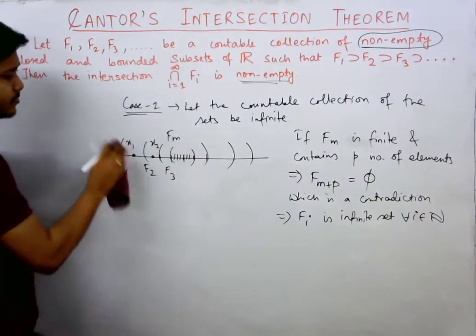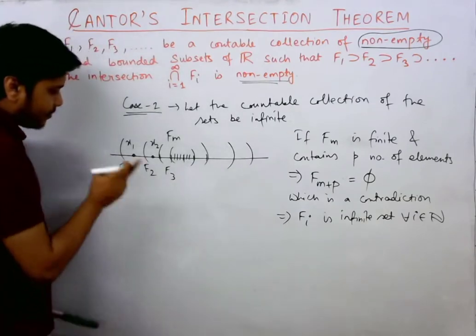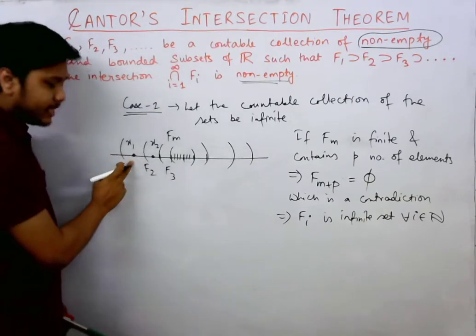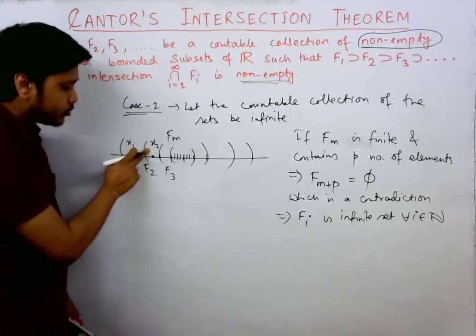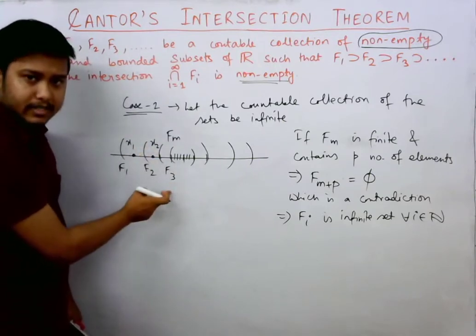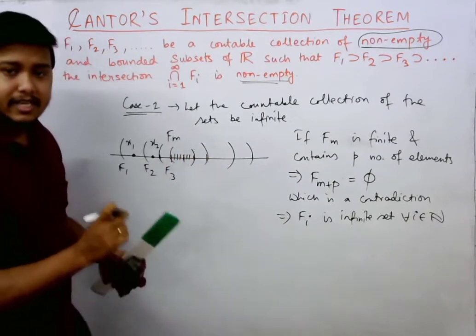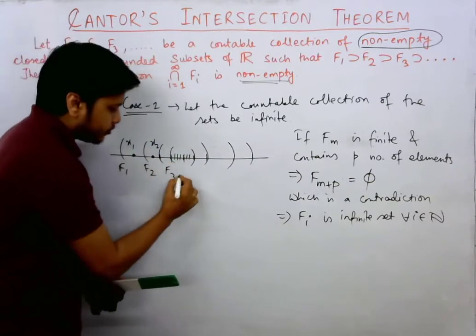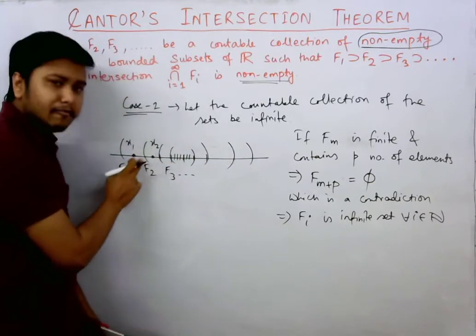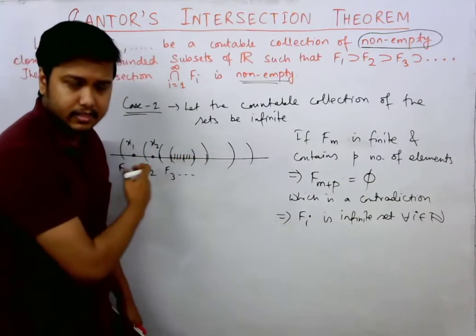So once this has been established, let's say I'm taking the elements in this manner. I'm taking x1 which is inside F1 but not inside F2. I'm taking x2 which is inside F2 but not inside F3. In this manner I'm taking elements. If there are an infinite number of elements in this series, that means I'll be getting an infinite number of x's in this manner.